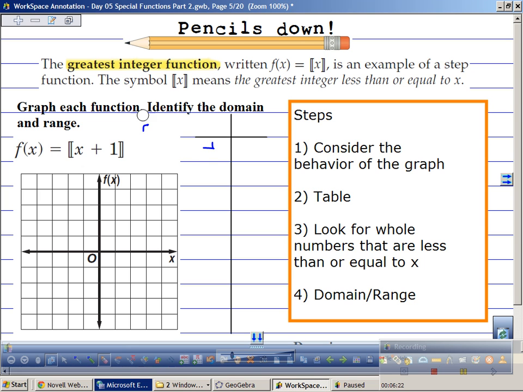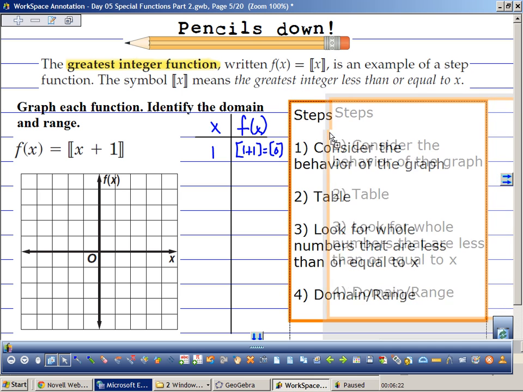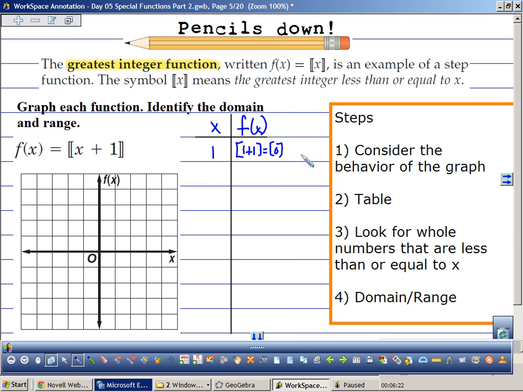All right, let's put some values in and see what happens. So if I put in, this is x, this is f of x. If I put in 1, I'm going to get 1 plus 1 equals, let me move this over, which is 0.